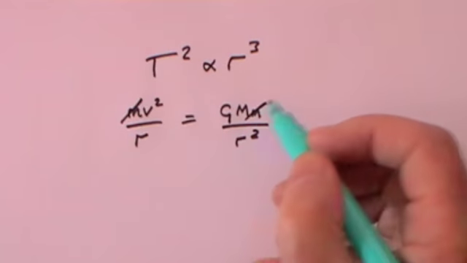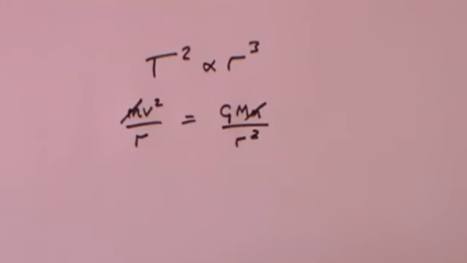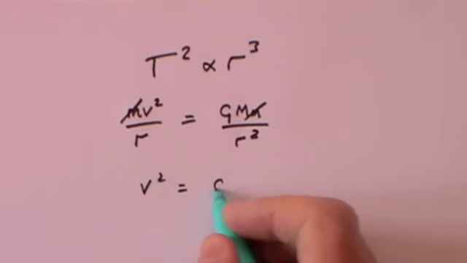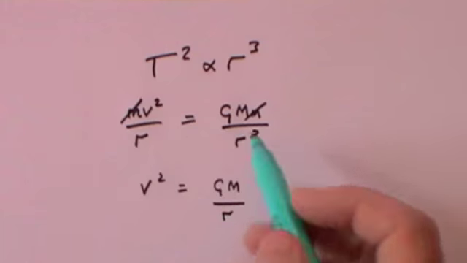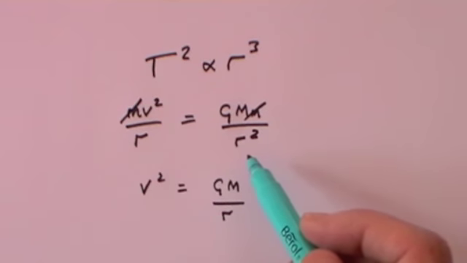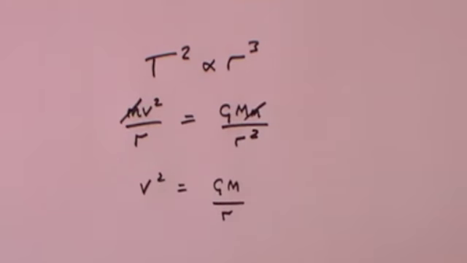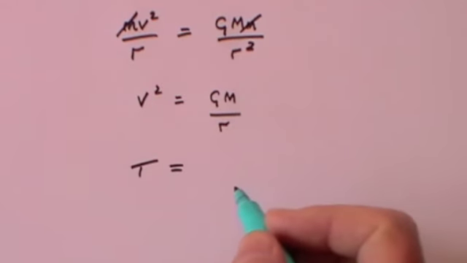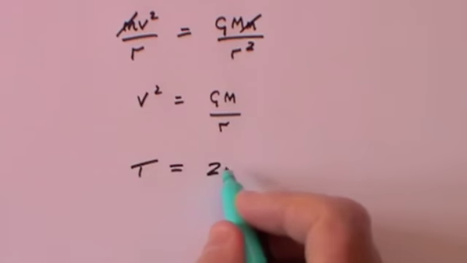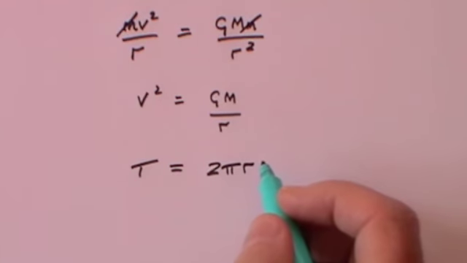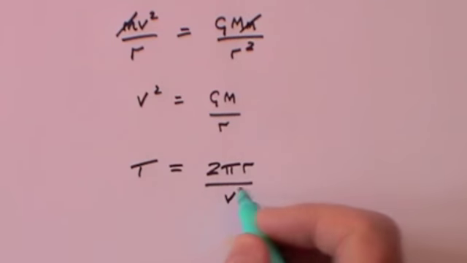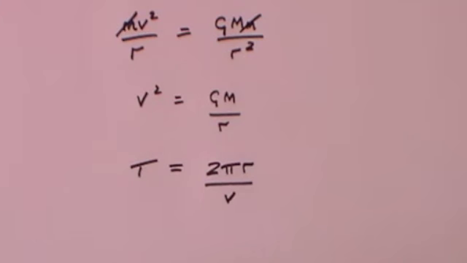Now you'll notice that the small m's cancel out, and that will give us that v squared is equal to GM over r, because of course one of the r's cancels as well. We also know that the period of rotation will be the distance divided by the speed, which is 2 pi r, that's the circumference of the orbit, divided by v, the velocity, so that gives you the time for one orbit.